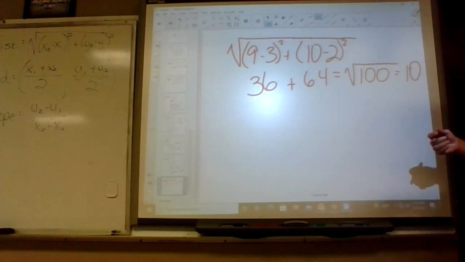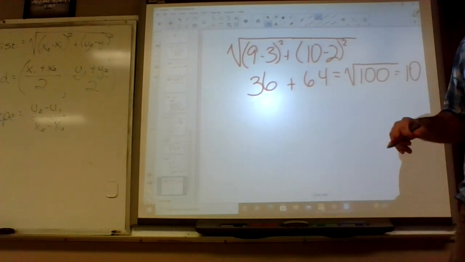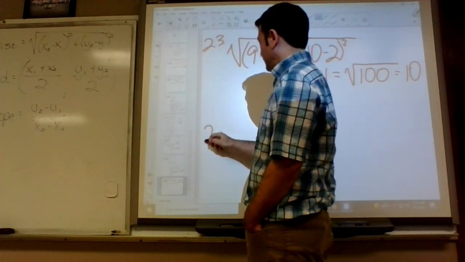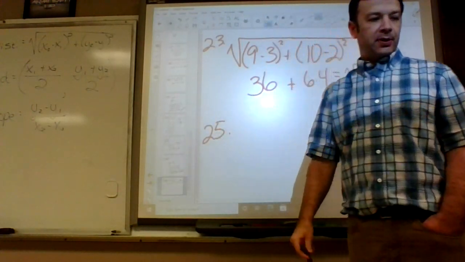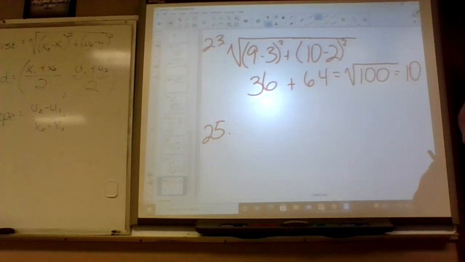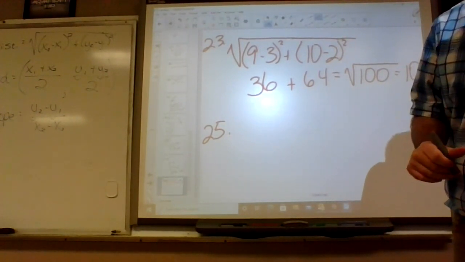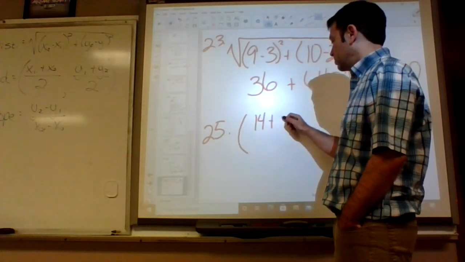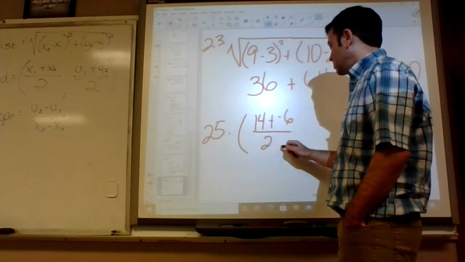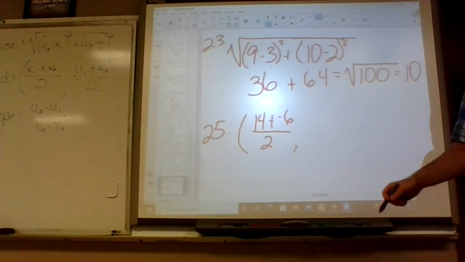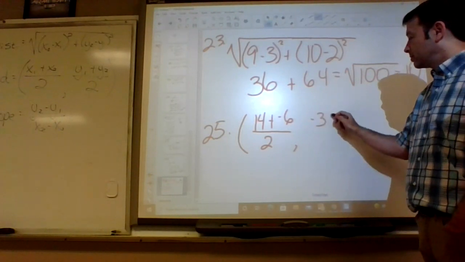That was number 23, I think. 25, I think 25 is midpoint, right? Yes, midpoint. So I'm going to average the x values, 14 plus negative 6 divided by 2. And I'm going to average the y values, which are negative 3 plus 21 divided by 2.